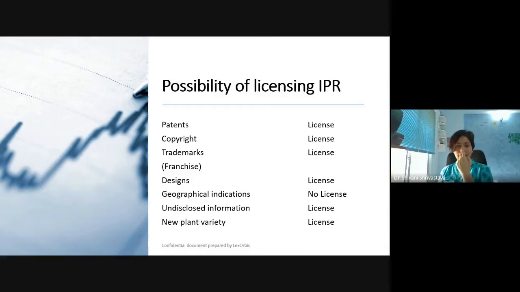But a geographical indication cannot be licensed to anyone, because anyone who is following the guidelines is allowed to use the name and sell the product using that name. All other things can be licensed to other people, maybe to an individual or a company, as per the interest of both parties.